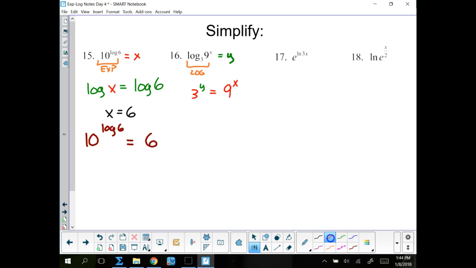What do I got to have? Equal bases, right? So this is going to be 3 to the y power equals 3 squared to the x power.